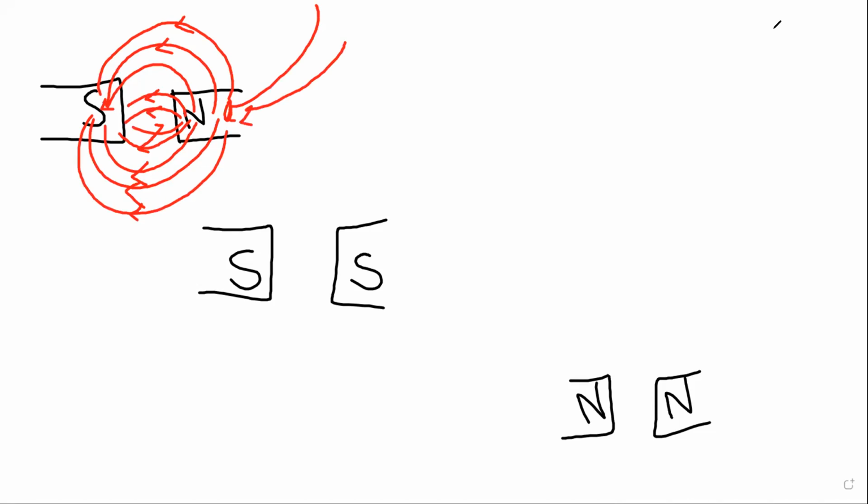By the way, they are not straight lines, they are curves. So they enter the south and go out from the north. Now, how if we have south and south?